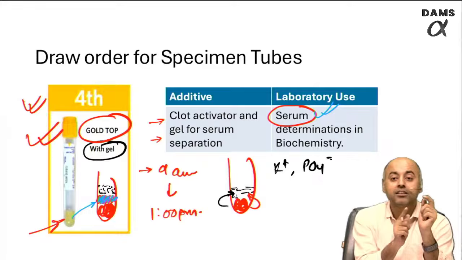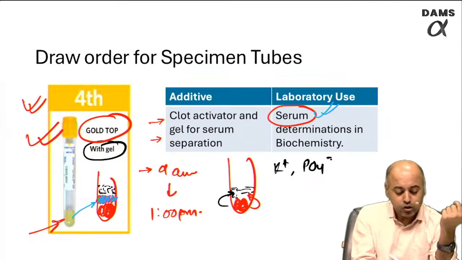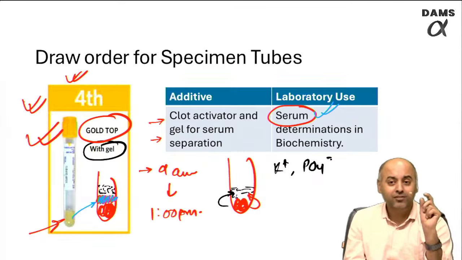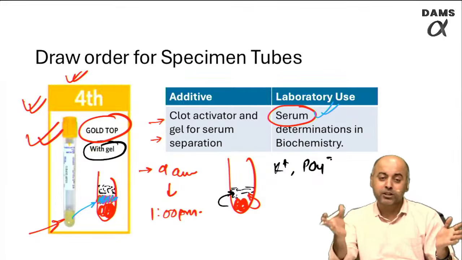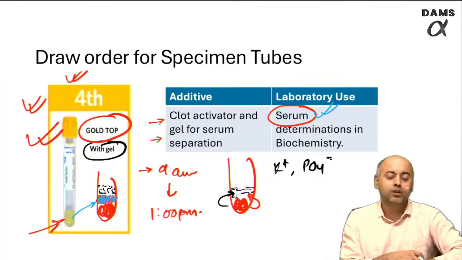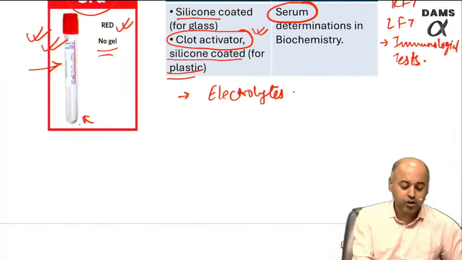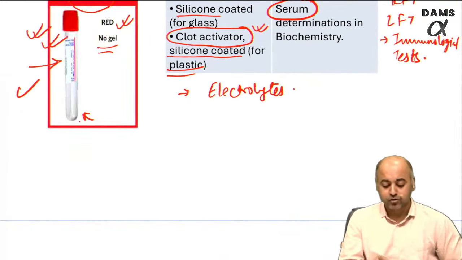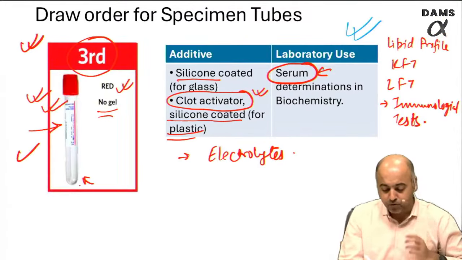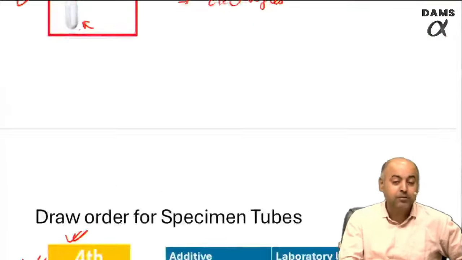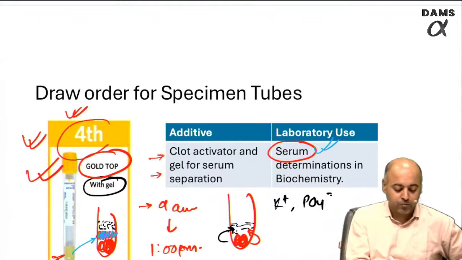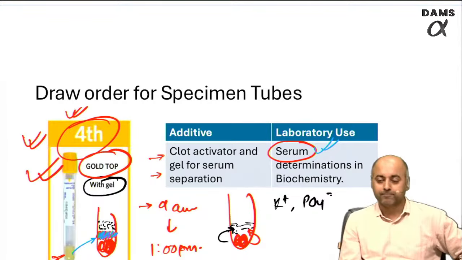If the gap between collection and testing is large, then you prefer to use the gold top vial. However, if the gap between collection and testing is small, your collection center is with the lab, every hour you're sending the samples to the lab, in that case the red top vial is good enough. So the main concern is we need serum for doing the potassium and phosphate, and if the sample is kept untested for a longer duration, we prefer the gold top vial.